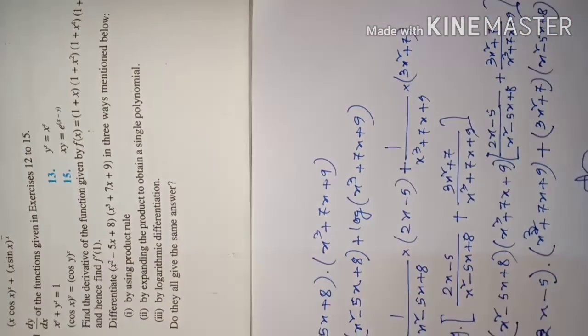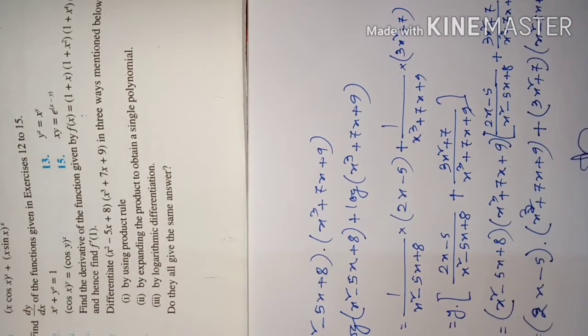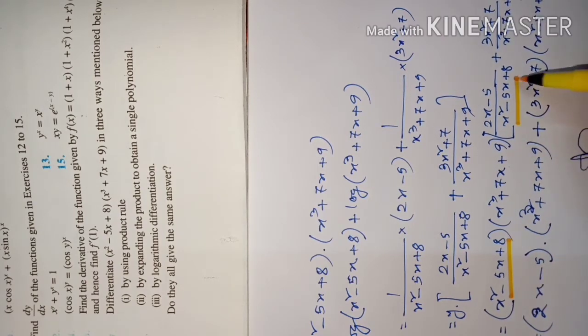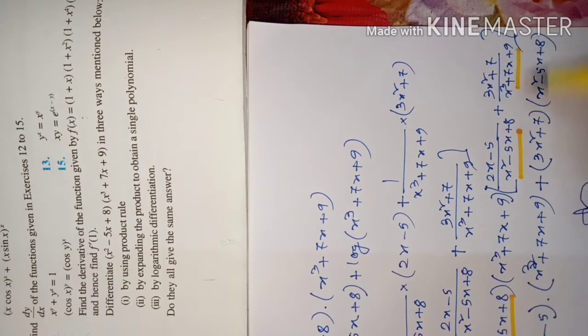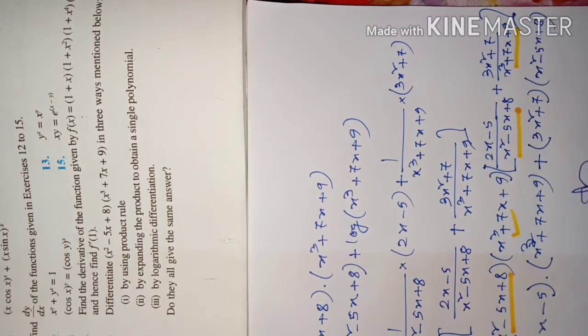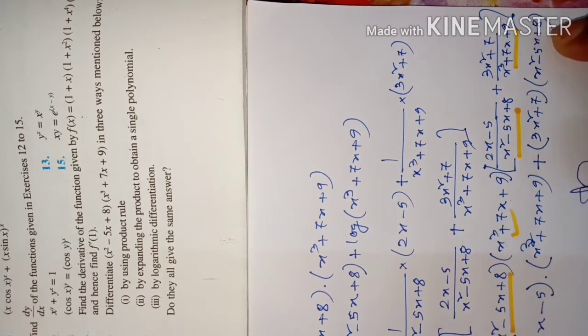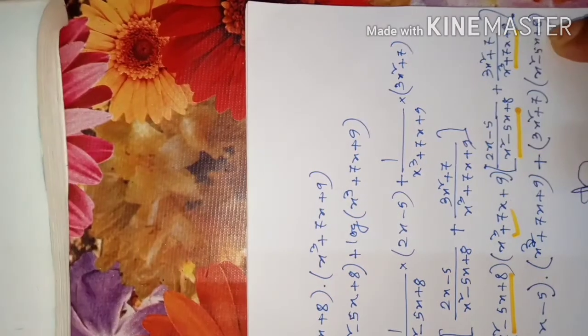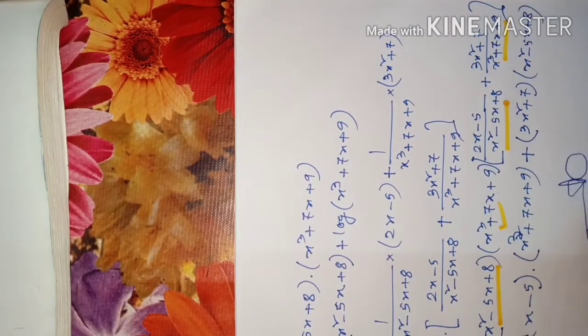You understood now? Because here this will get cancelled with this one, and in the next term this will get cancelled with this one. Okay, that's all. As the bracket will be open, the expression will be like this, and their product, already we have multiplied like this in the previous expression. So the result is what? That previous result. What was the result?